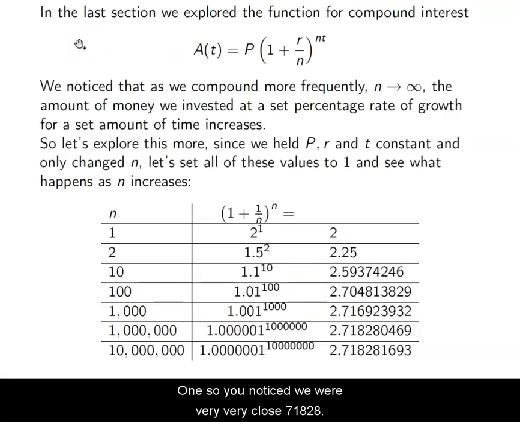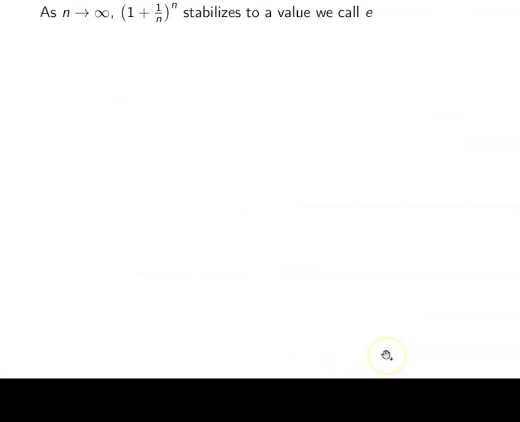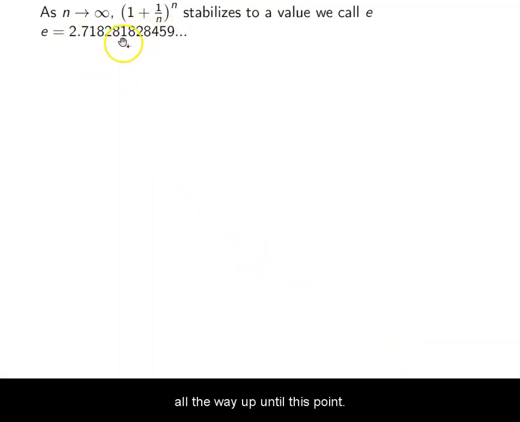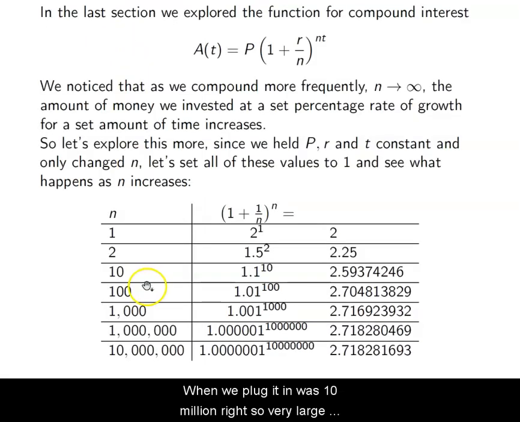Okay, and notice we were very, very close. 718281281, and then the real value is 8, and then 28. So we were accurate all the way up until this point when we plugged in n was 10 million, right? So very, very large value.